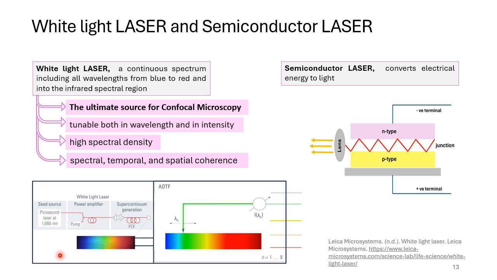Now, this PCF contains some narrow or hollow tubes in the center of the fiber, and a non-linear process happens there at the surface of the tubes, which causes monochromatic light. And this monochromatic light spreads over a broad spectrum.